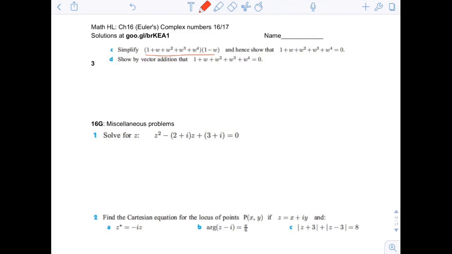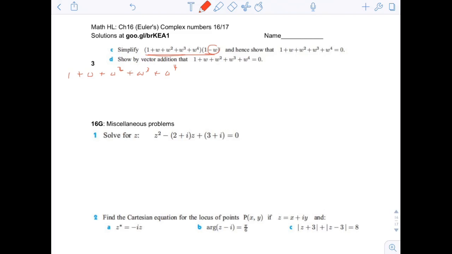So let's do a distribution of 1 minus omega times that expression. So we're going to get 1 plus omega plus omega squared plus omega cubed plus omega to the fourth. And then we're going to add to that minus omega times each one of these.